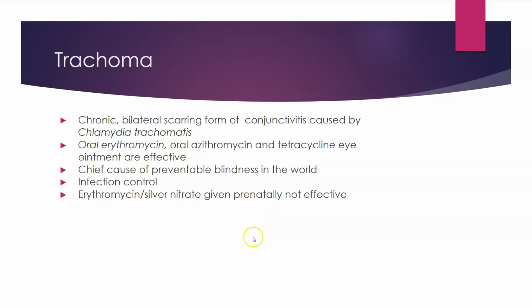Trachoma, so this is often caused by chlamydia, and it's one of the most preventable diseases that there are, especially in third world nations. So when babies are born and stuff like that, we do give like some silver in their eyes, and that's to prevent chlamydia from causing trachoma.